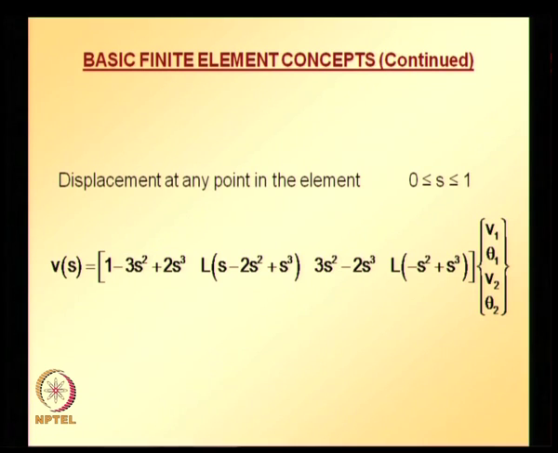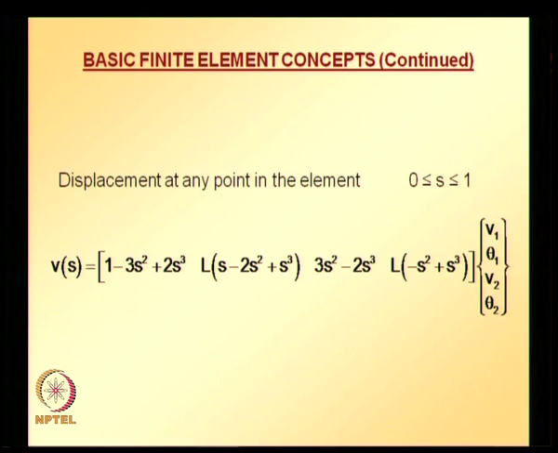Into that we substitute V1 theta 1, V2 theta 2, and then we get displacement at any point in the element where S goes from 0 to 1. S equal to 0 corresponds to one extreme point of the element, and S equal to 1 corresponds to the other extreme point. So we can sweep over the entire element length and get displacement at any point in the element using this equation.